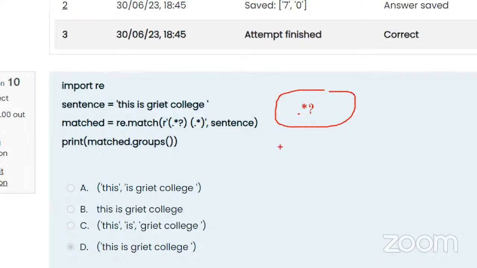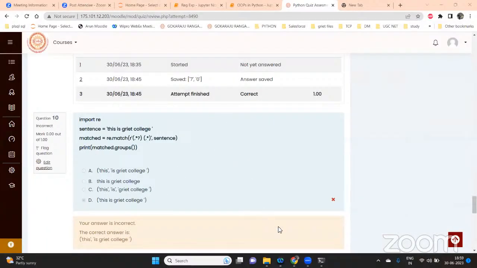Question mark should occur 0 or more times. Okay, so what will happen when you combine that with the star? Question mark means 0 or 1, right?